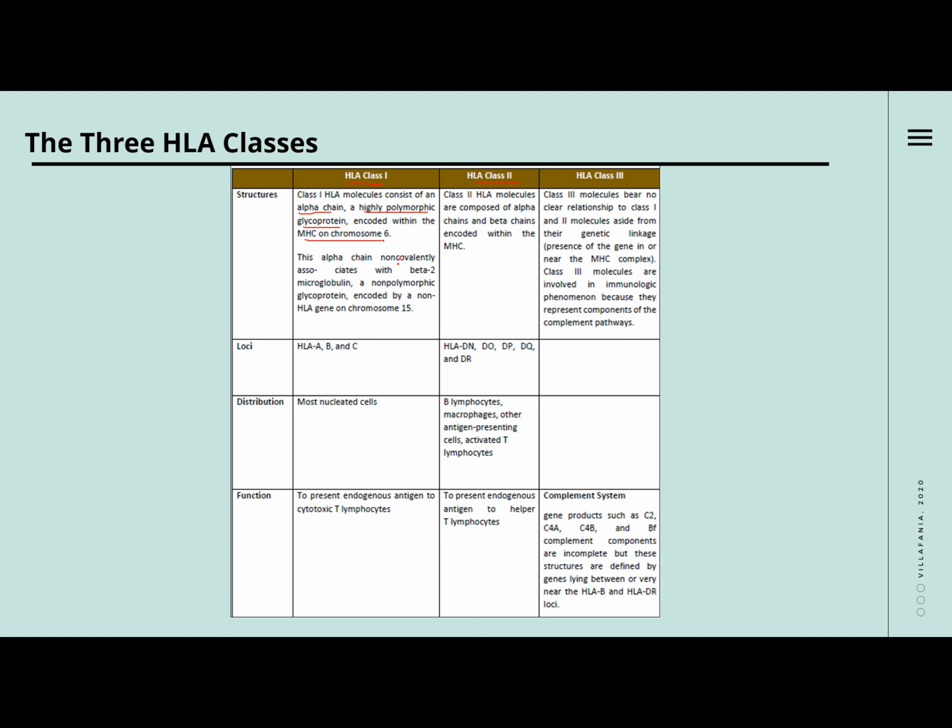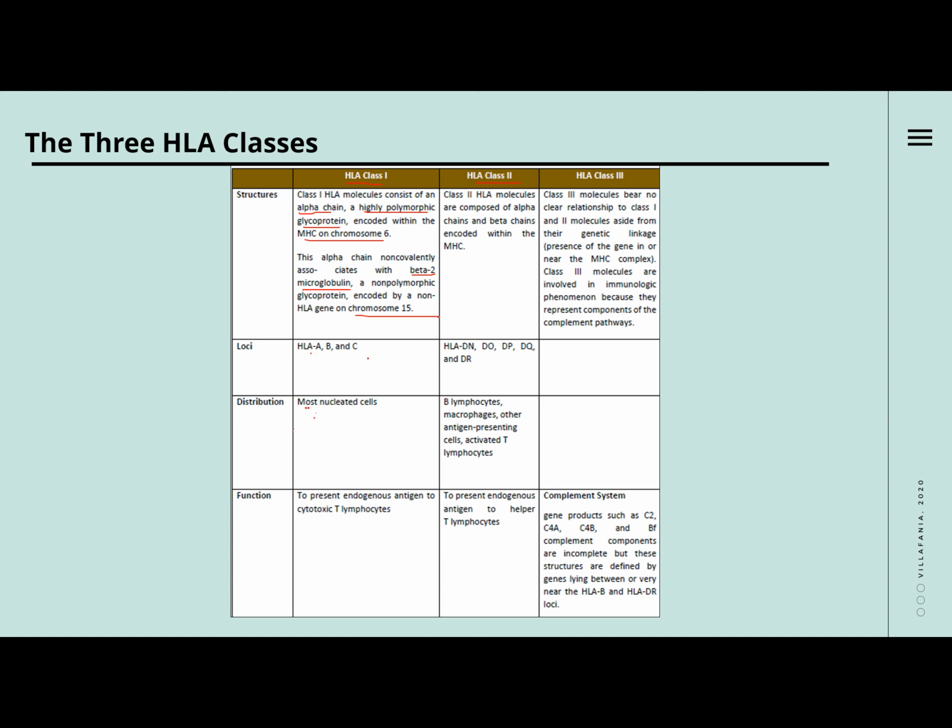The alpha chain non-covalently associates with beta-2 microglobulin, a non-polymorphic glycoprotein encoded by a non-HLA gene on chromosome 15. The loci are HLA-A, B, and C.